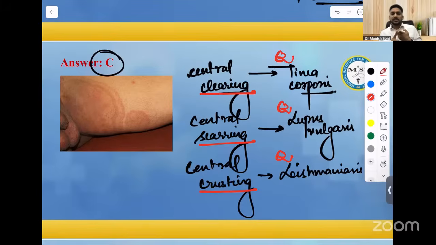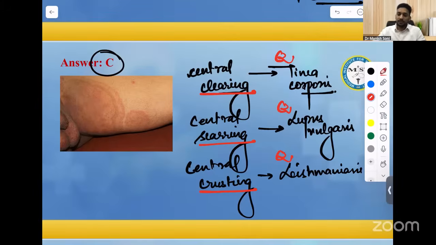Tinea pedis, also known as athlete's foot, occurs over the foot. Tinea cruris occurs over the groin, and tinea corporis over the body. But if you apply steroid over any tinea, it becomes tinea incognito. And here the patient has applied steroids. Steroids are immunosuppressive and anti-inflammatory, so redness comes down, itching comes down, and due to this the tinea becomes tinea incognito.